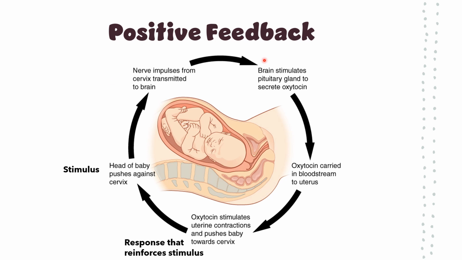But after this baby has been born, your body will stop producing oxytocin because there's nothing pushing down on the cervix, and your body will return back to homeostasis, and so you're maintaining that internal stable environment.